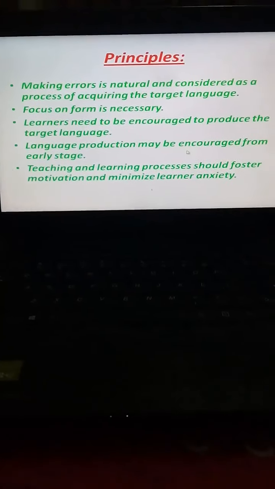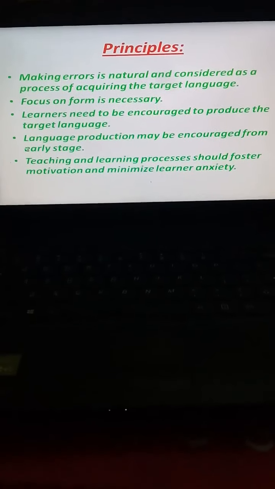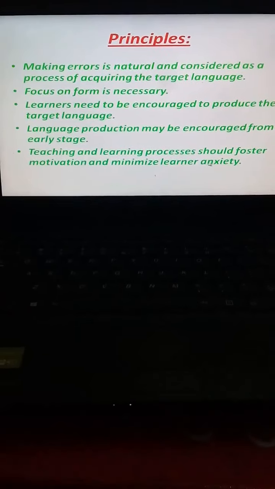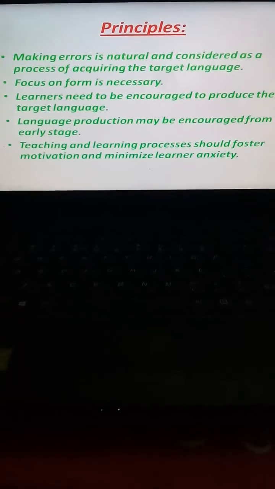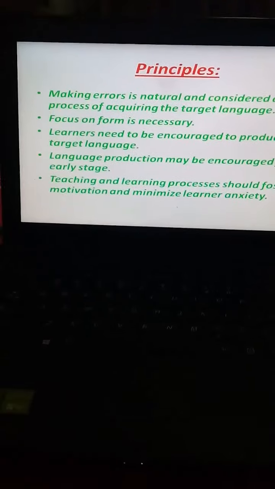Language production may be encouraged from an early stage. This is very important, encouraged from an early stage. And teaching and learning processes should foster motivation and minimize learner anxiety. Yes, task-based language teaching always minimizes learner anxiety. So learners should not be anxious about learning processes.